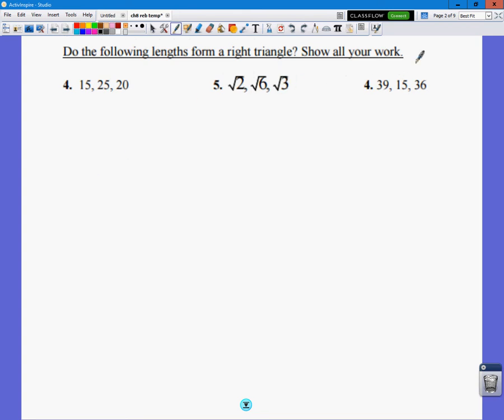Do the following forms right triangles? What they're asking is, does a squared plus b squared equal c squared? It is important to recognize that c has to be the longest side in this set of 3 numbers. So I'm going to check, is 15 squared plus 20 squared equal to 25 squared?